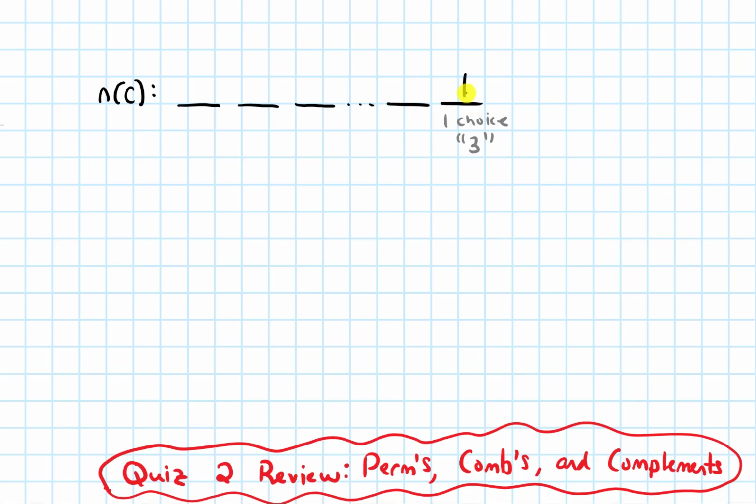But for all the other digits, we have all of the choices available to us, so I'll put a 10 in each of those spots. Overall, my Social Security number has 9 total digits, which means there are 10 choices for each of these 8 spots. So 8 times we're putting in a 10, and only in the 9th digit there's just one choice. So multiplying this out, this is 10 to the 8.